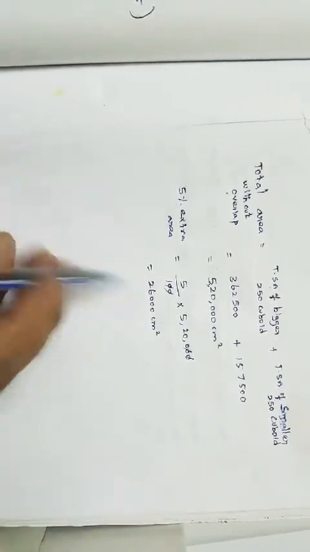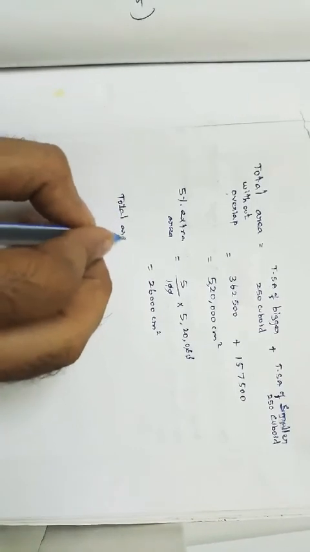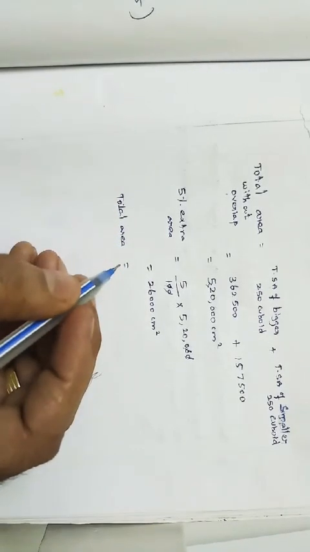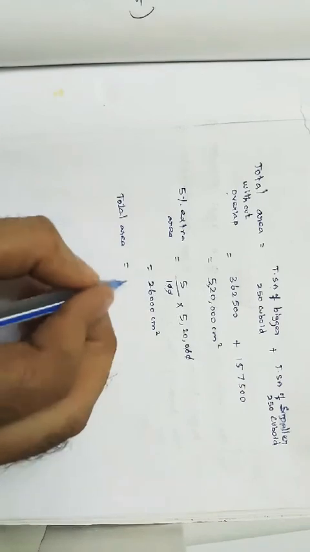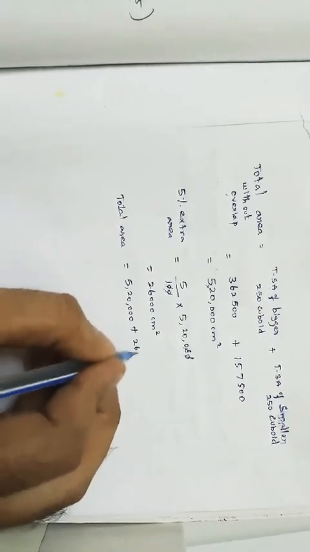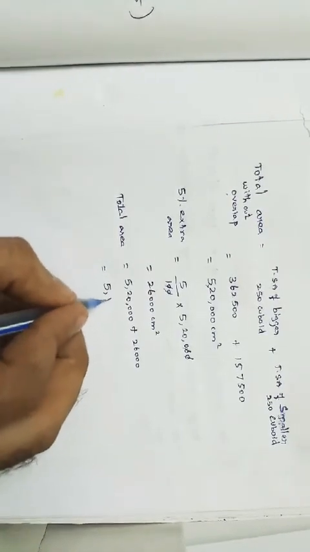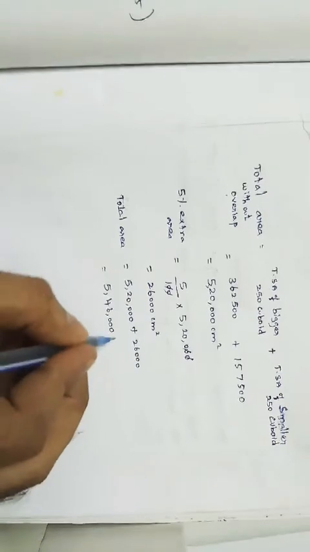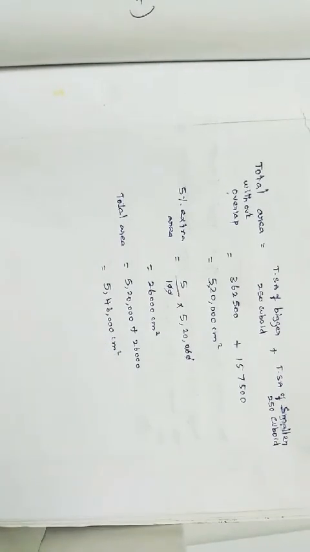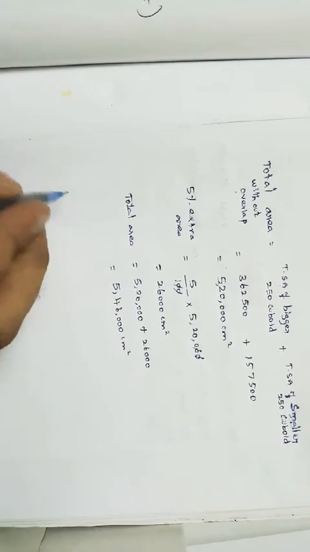So that is the 5% extra area. Now we can find the total area. Total area is equal to 5,20,000 plus 26,000, which is equal to 5,46,000 centimeter square. Now we got the total area. Now what next? We want to find the cost of the cardboard.